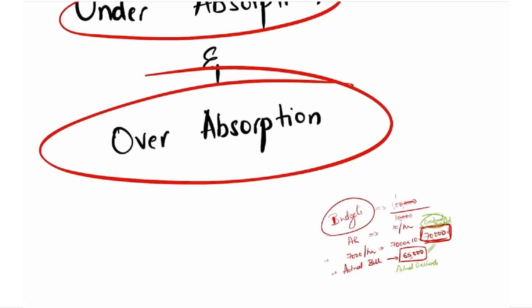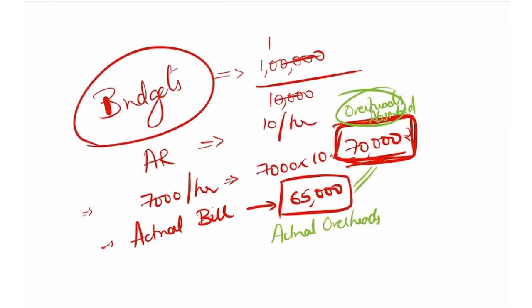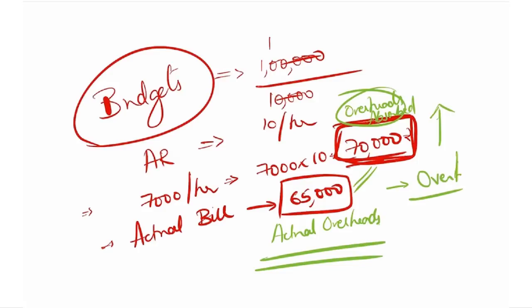So if my overheads absorbed is more than the actual overheads, we call it as over absorption. Vice versa, we call it as under absorption.